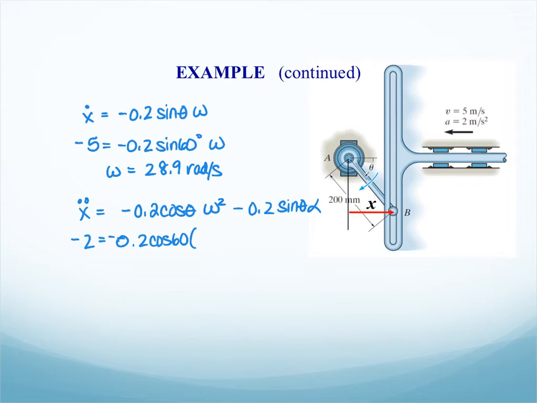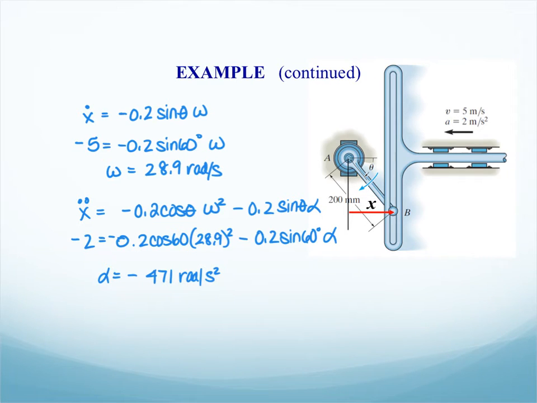And we also already know what omega is because we just found it previously. And so we can use that to solve for alpha. And alpha actually does turn out to be negative, about negative 471 radians per second squared. So we get that value.